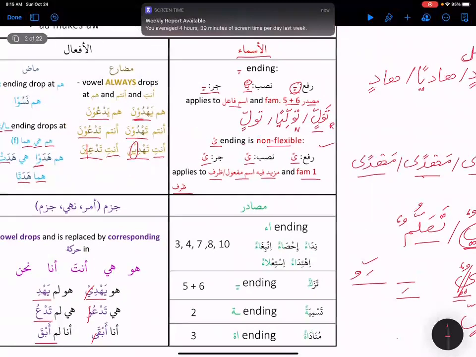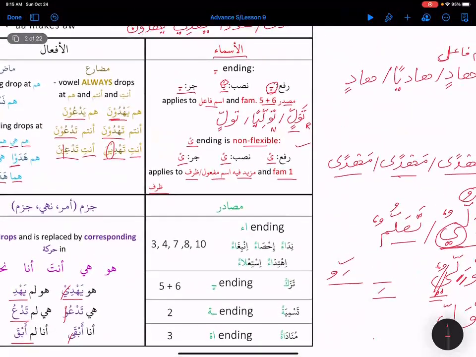Then the masdar is going to end on alif mamduda, like alif and hamza. So that will become nida'un, ihsa'un, ibtigha'un, ihtida'un, isti'la'un.